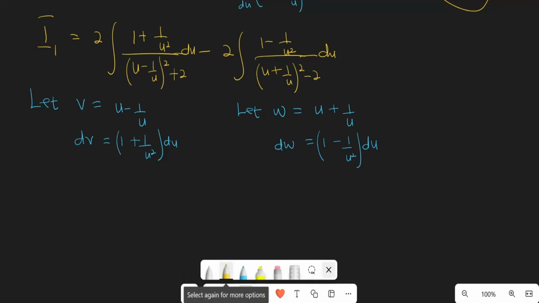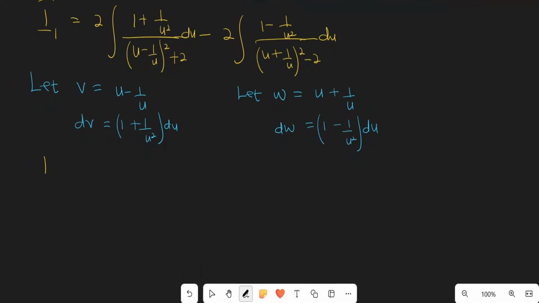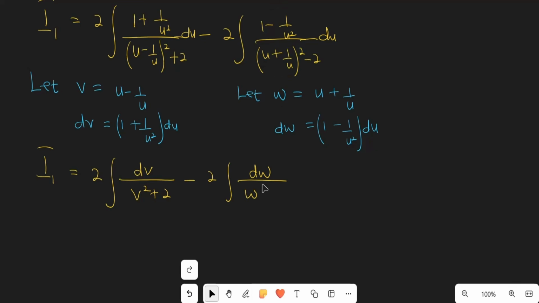So now let's take the integral into the v and the w world simultaneously. So 2 times the integral, this is now dv, that is this guy, divided by v squared plus 2, minus 2 times the integral of dw, divided by w squared minus 2.